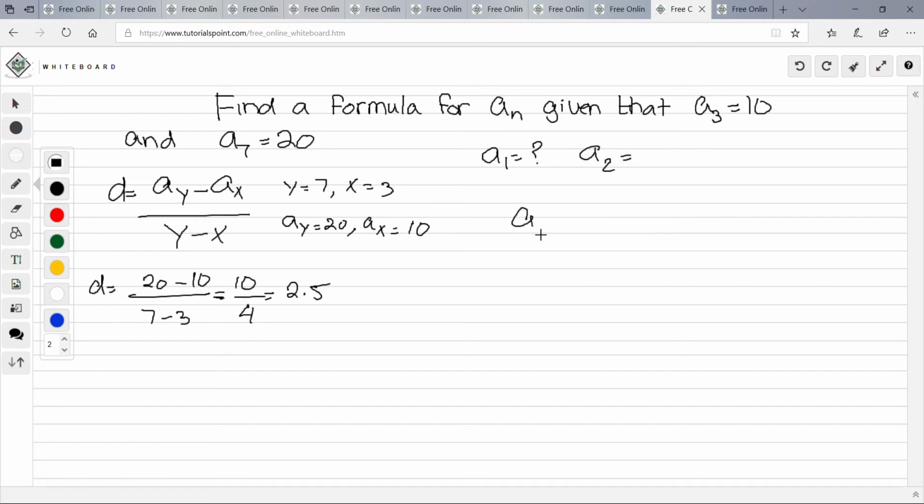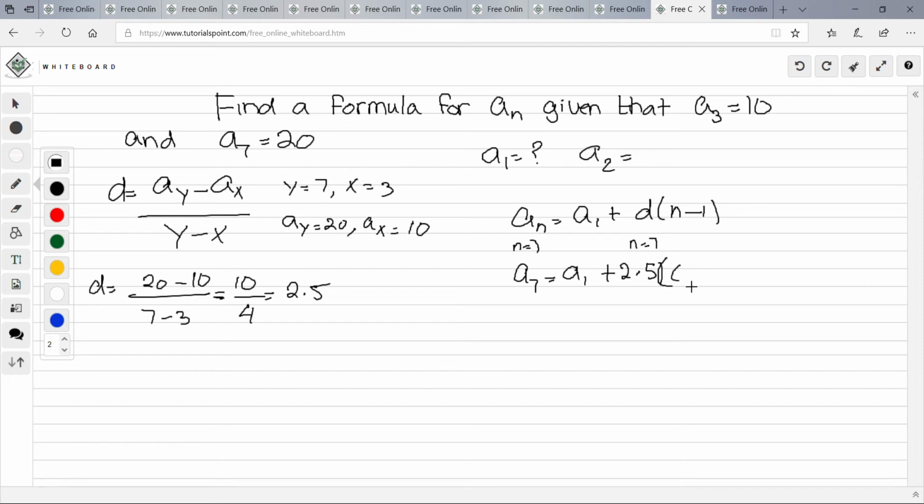So an equals first term plus difference times n minus 1. We'll use n equals 7, the seventh term, a7, because our goal is to find the first term, a1. And we know our difference, which is 2.5.